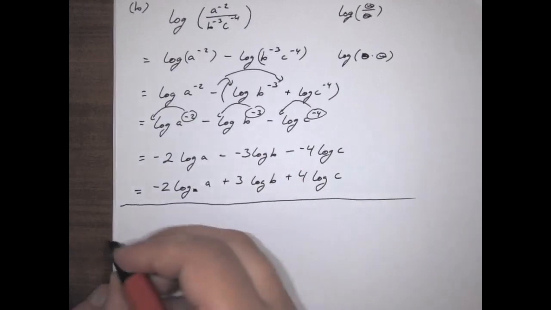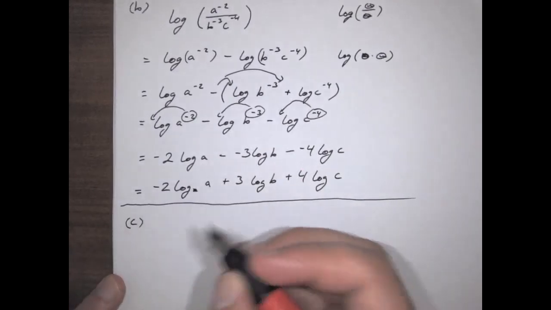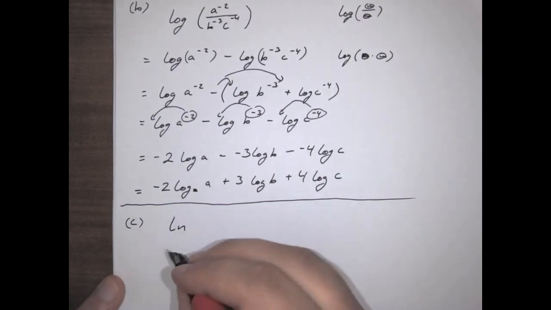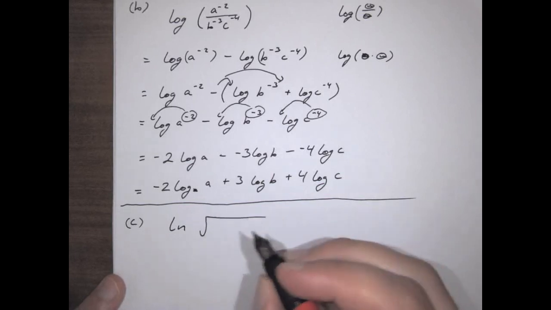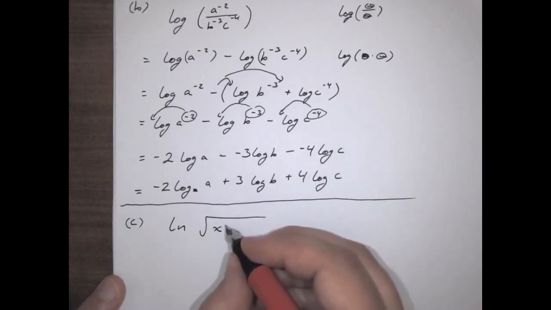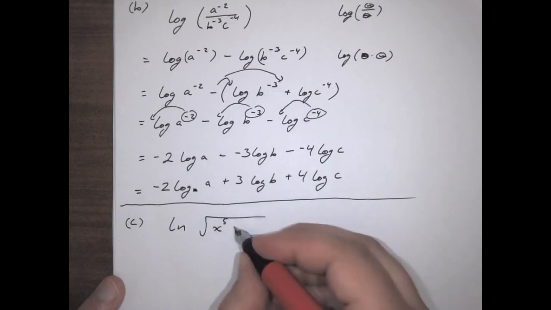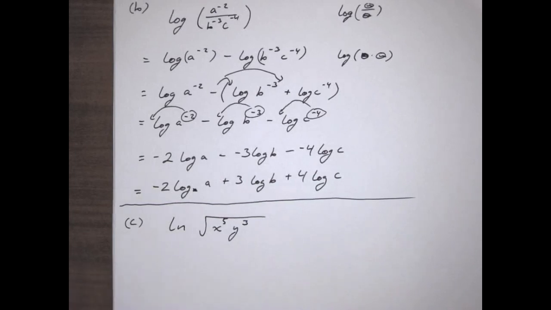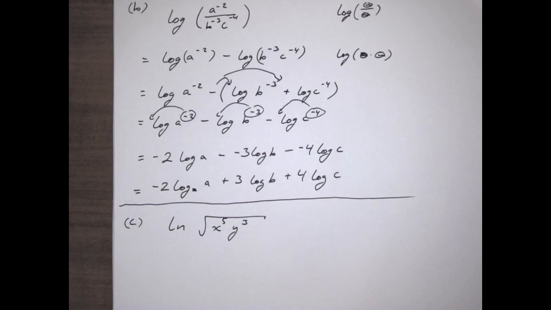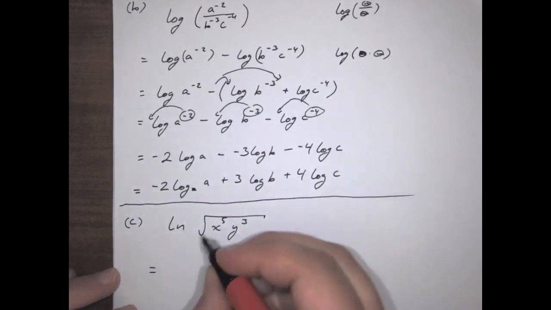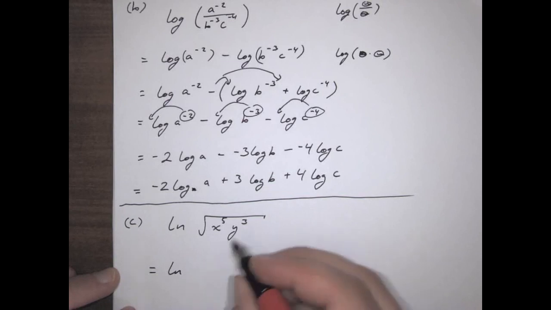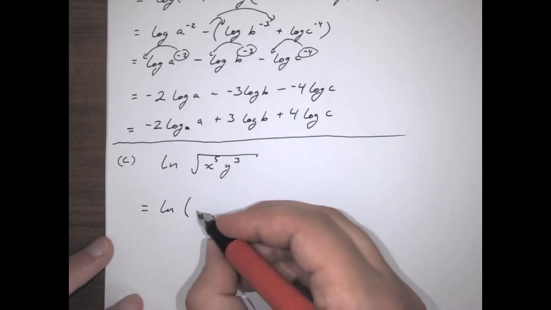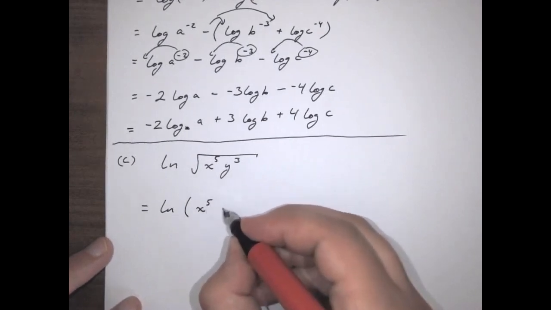Okay, now, what if what we have was something like this? So let's say we had the natural log of the square root of x to the 5th and y to the 3rd. Now, first and foremost, this is something that needs to be rewritten in a different format, because the square root in all logarithmic operations is going to be best thought of as an exponent.